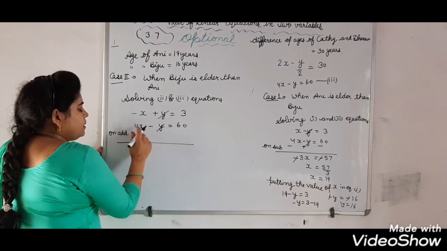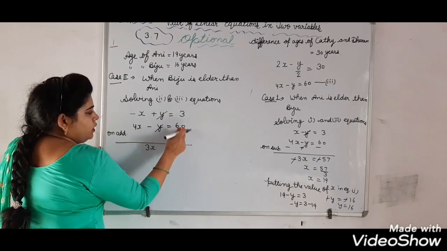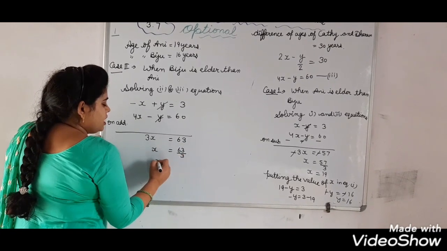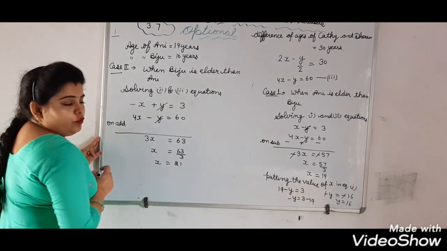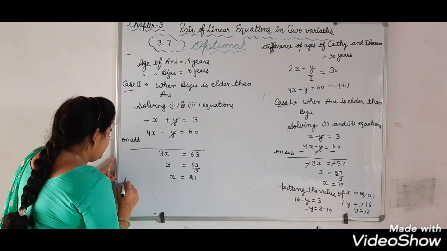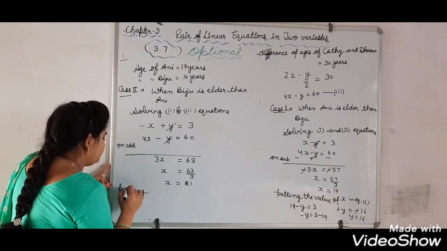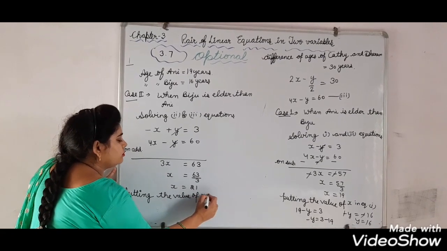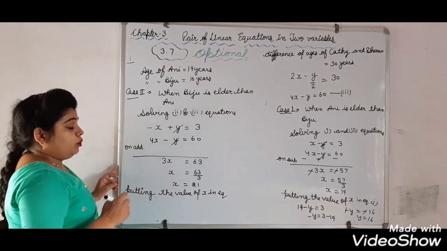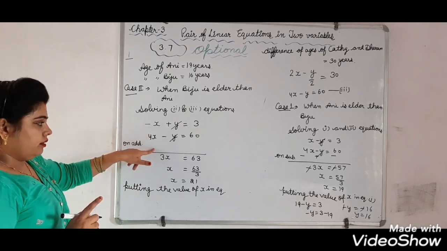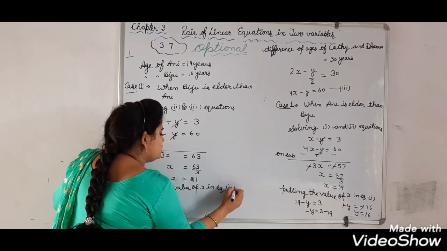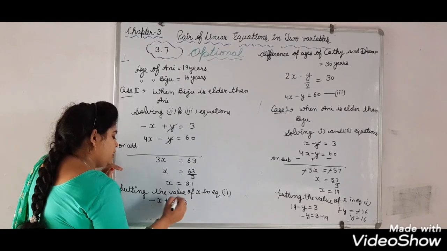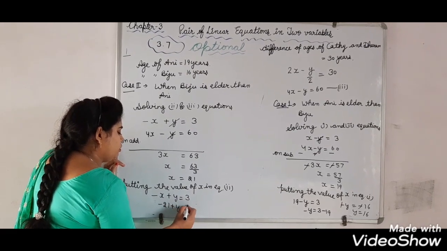Minus x plus 4x is 3x. 3x is equal to 60 plus 3, 63. x is equal to 63 divided by 3. x is equal to 21. Now we have to find the value of y. Putting the value of x in second or third equation. In second equation, minus x plus y is equal to 3, minus 21 plus y is equal to 3.